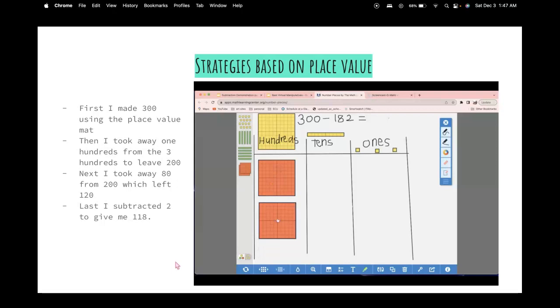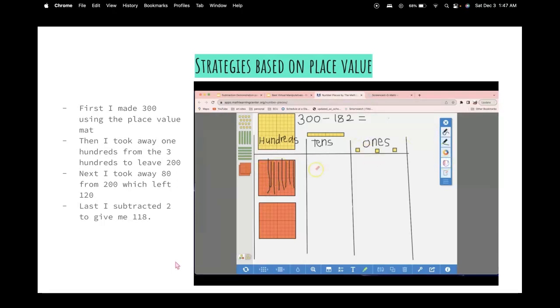Next, I subtracted 80 from the 100 board. 1, 2, 3, 4, 5, 6, 7, 8. This left me with 2 ten sticks at the end.